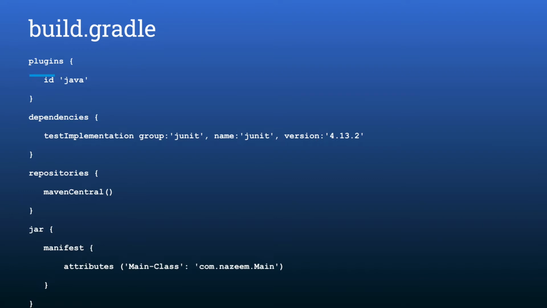And for dependencies, similarly, there is testImplementation. For example, if you are building an application which is using tests or JUnit, you can define it like that: testImplementation, group name and version. You can define everything in one step, but in the example I have shown you the group name and version, so you can test them.